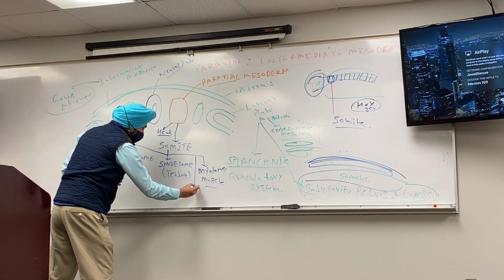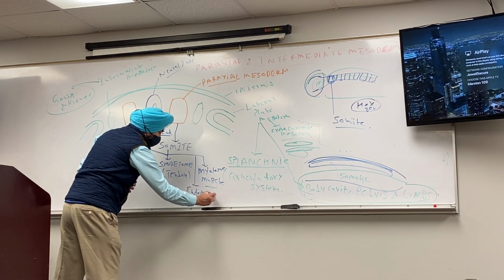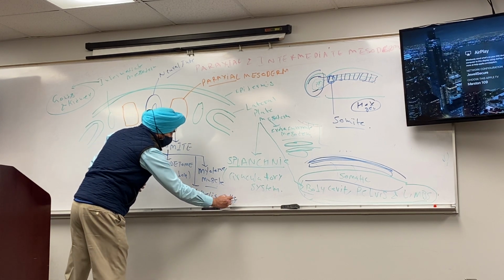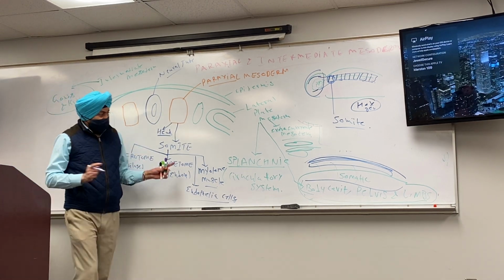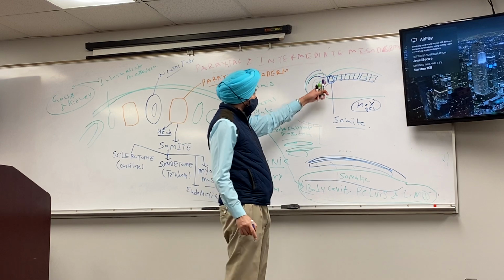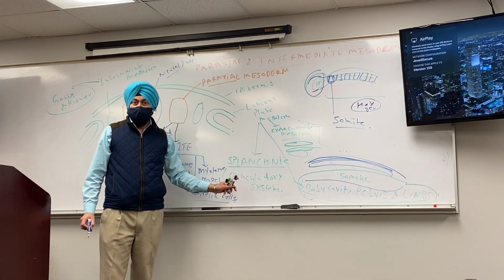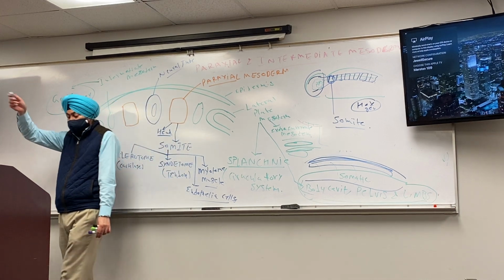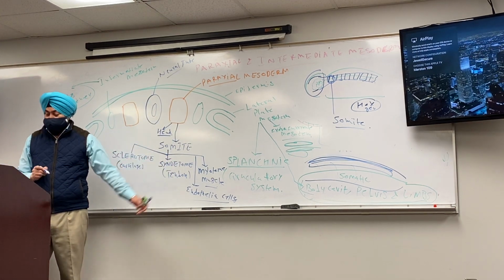Then it is going to give you endothelial cells. Now endothelial cells are lining the blood vessels. So blood vessels are a combination of these two things. You have the lateral plate mesoderm that gives you the circulatory system, right? But then you have those endothelial cells which are lining the blood vessels. These are coming from these somites.